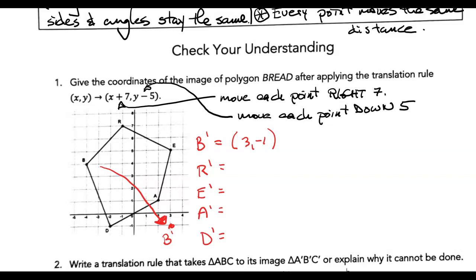For the other ones, let's write down what the coordinates are. So R is -1, 7. E is 3, 5. A is 2, 1.